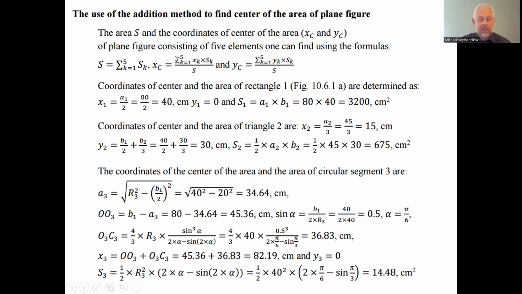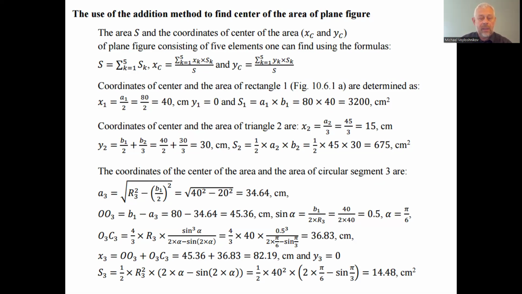In the numerator we have a total of 5 elements, the total of the products of the abscissa of the center of the area of each part by the area of each part. It could be negative magnitudes of the areas as well, for the cutouts and necklines.